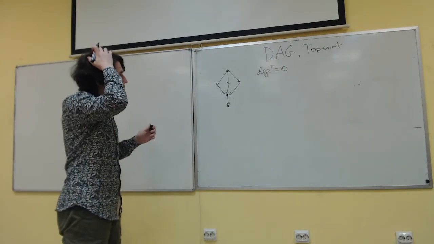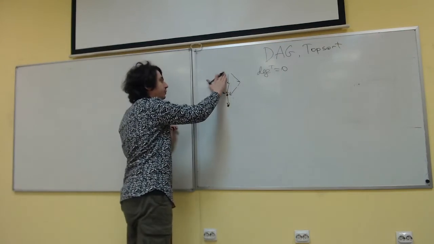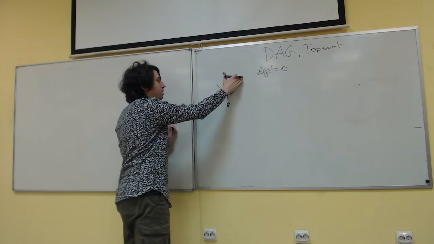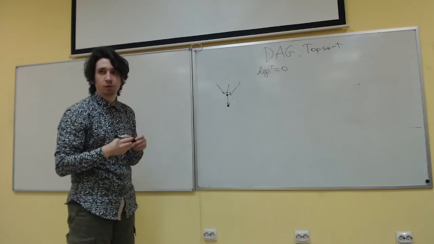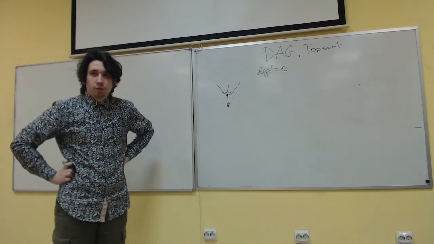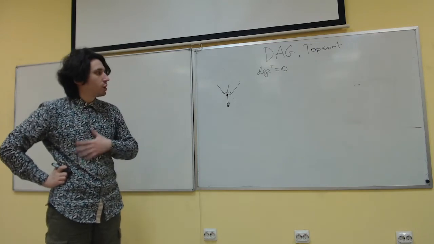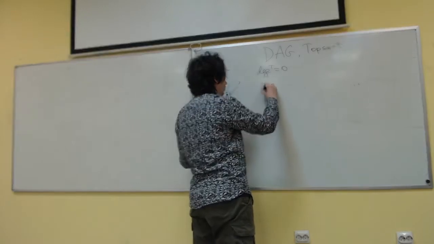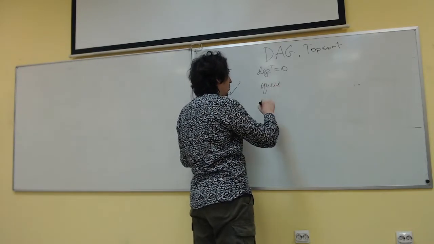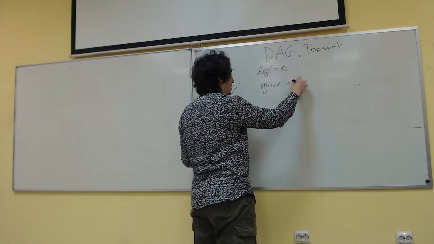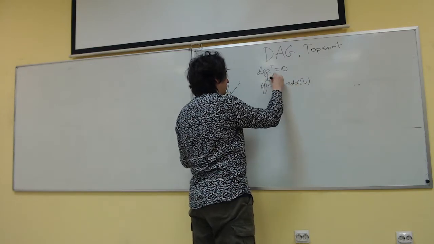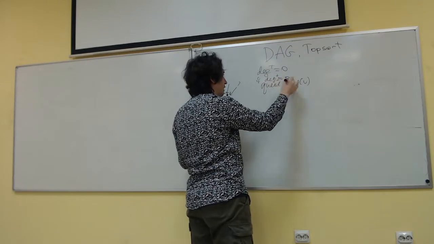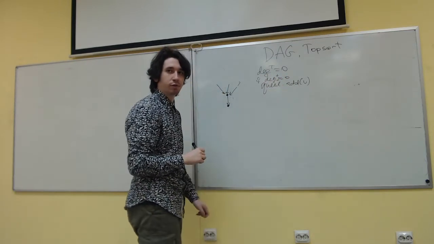So when you remove this vertex, which vertices are next? Also with the same condition. So what can we do? We can have a queue, or any other structure, but a queue is simpler. So we have a queue where we put all the vertices with in-degree 0: if in-degree of V equals 0, then add it.